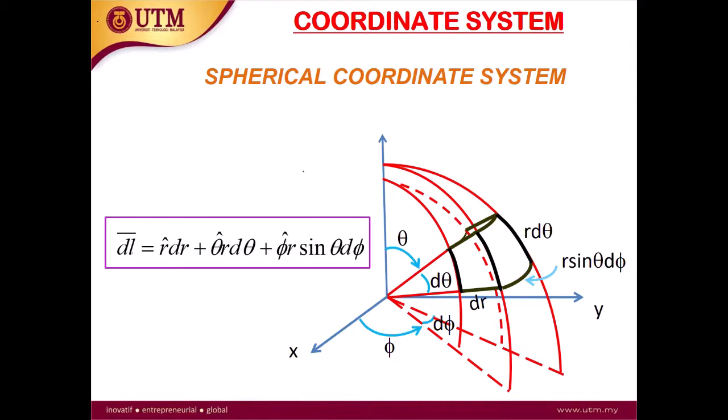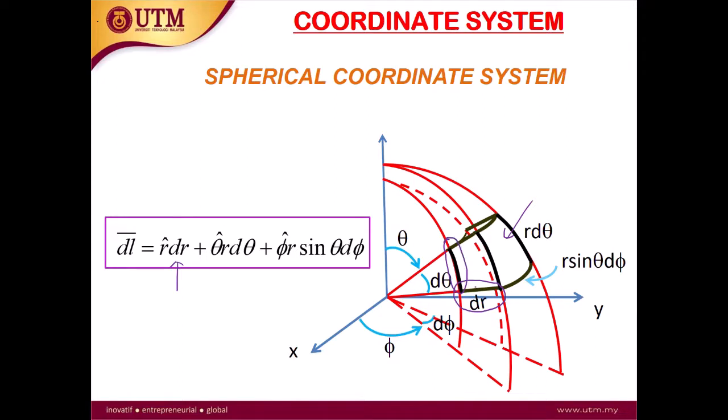Alright, so how can we define the dl in the spherical coordinate system? Let's consider a small part of the sphere, this part. This part is basically the increment along the r direction, and the increment is dr, so we write it as r-hat dr. Then we take this curve here.